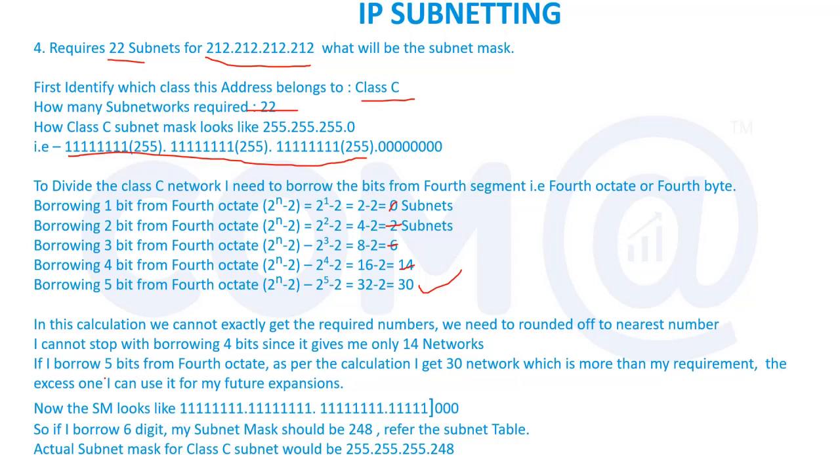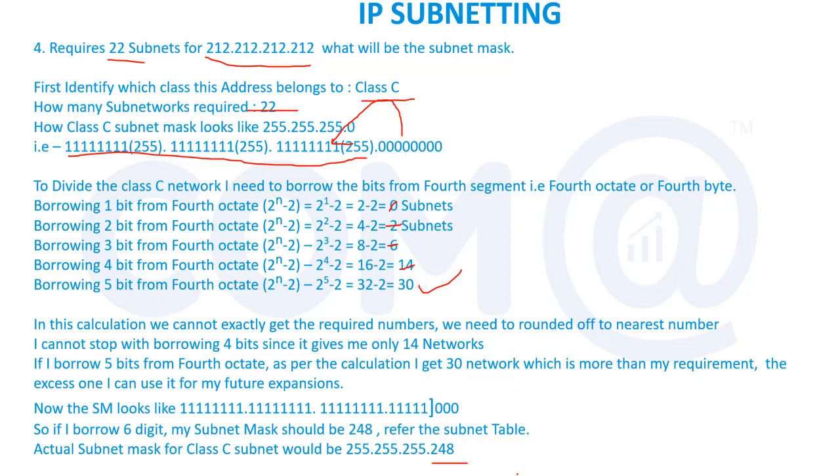So in this calculation, how many bits are we borrowing? 5 bits. This is class C, so the borrow will happen from the fourth segment to the third segment. So we have to put the value in the fourth segment. For that, we are just checking where to place the value.